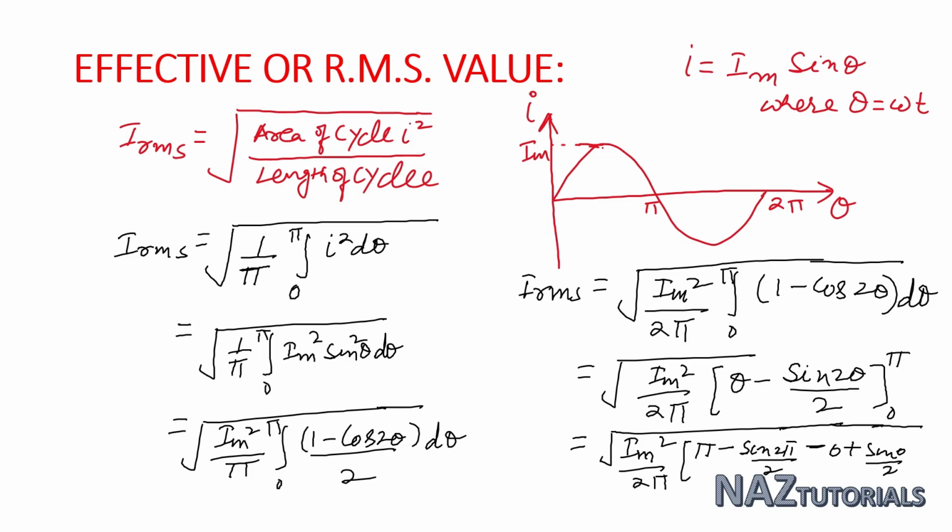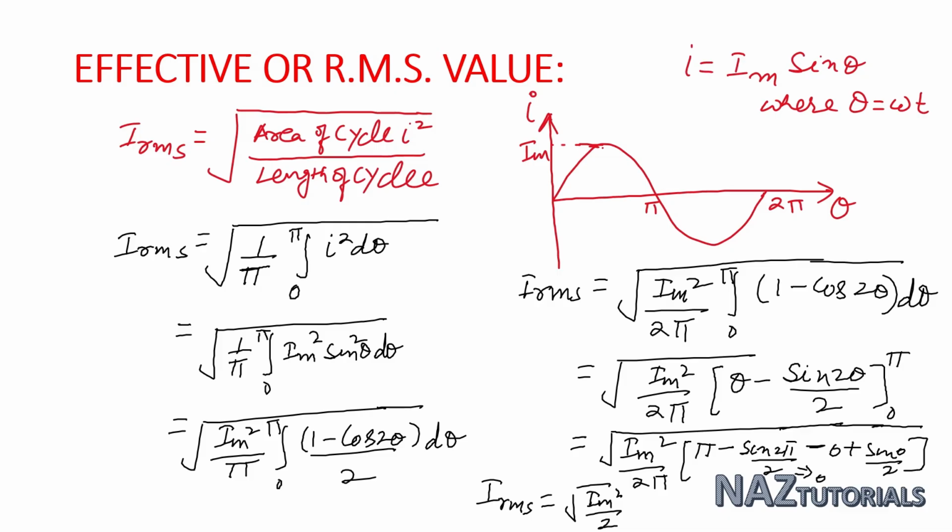So here we get our RMS value. You can see sine 2 pi is also 0. So here you get Im square divided by 2.